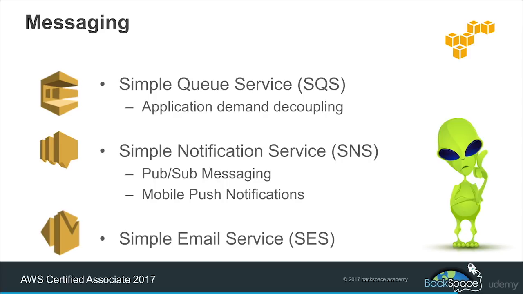It can also be used for mobile push notifications. For example, if you would like to send push notifications from your application to an iPhone or to Android devices, you can do that through the SNS service. And finally, there we have the Simple Email Service, which, as the name says, is for providing bulk delivery of email.